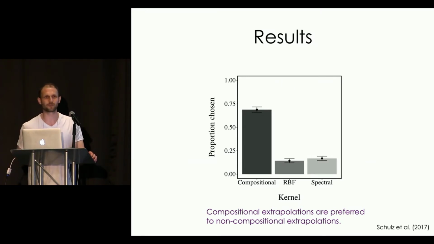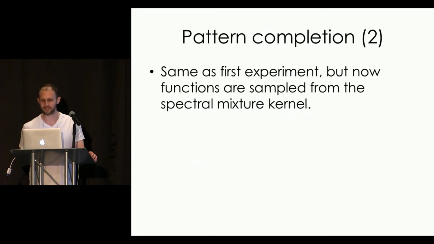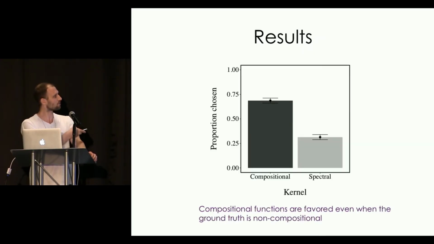But more interestingly, where you sample the functions from the spectral mixture kernel, they still prefer the compositional kernel completions. So they seem to have an inductive bias for compositionality in their extrapolation judgments.